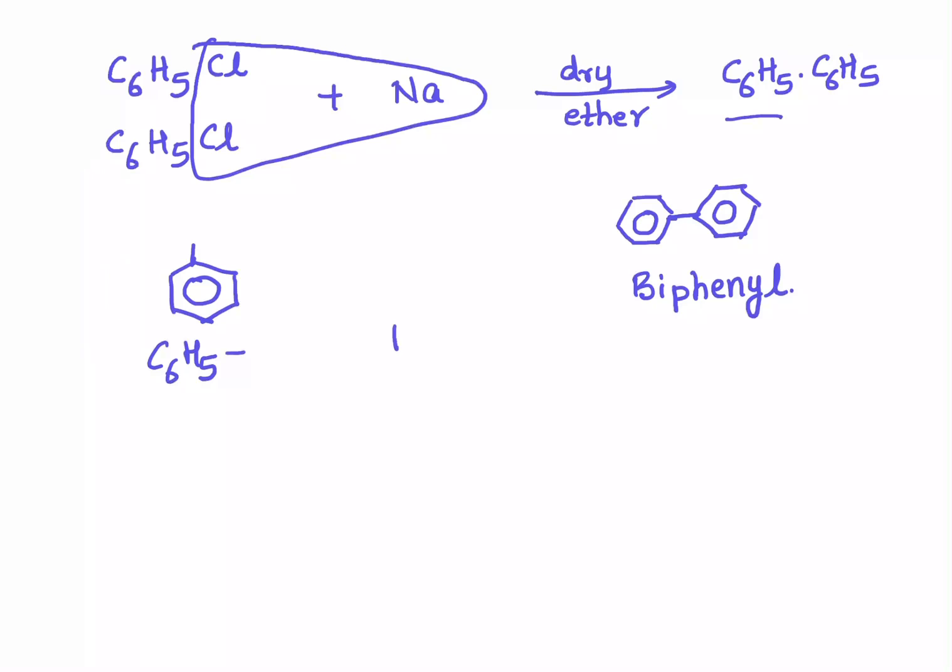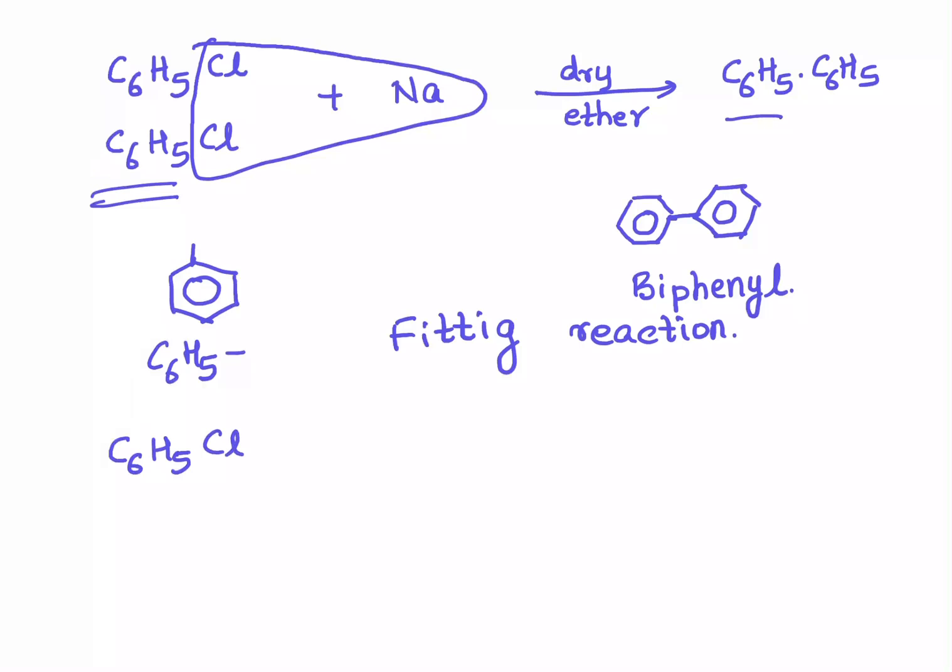This reaction is known as Fittig reaction, right? It's a modification or the application of the Wurtz reaction to aromatic compounds. Now, can we form a couple between an aromatic halide, taking an aromatic halide?